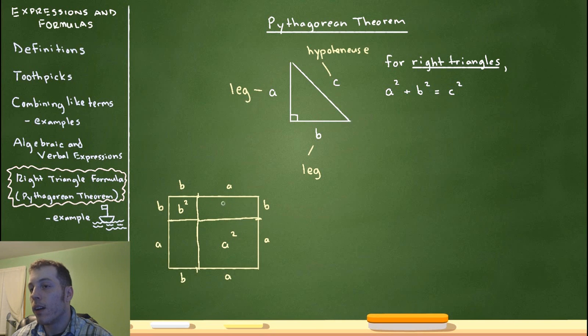And the area of this rectangle here is a times b. And the area of this rectangle here is a times b. Okay? So we have a statement about the area of this entire square. Now let's draw another square over here and let's compare the two. Let's draw the same square.